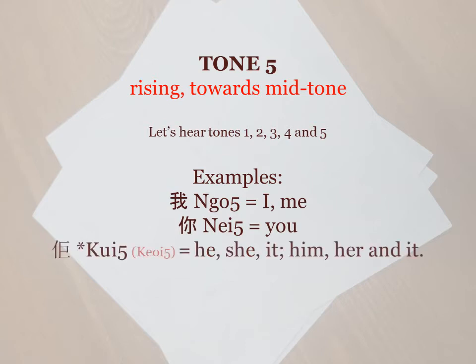The next one, ko, he, she, it, or him, her, and it. Now, I use UI for the spelling. In dictionaries, you might find EOI, which I think is quite complicated to read, but that's just me.